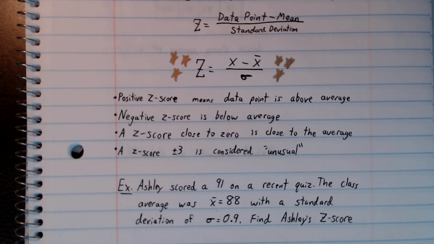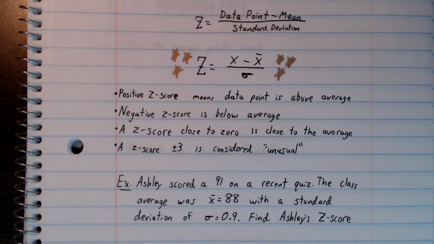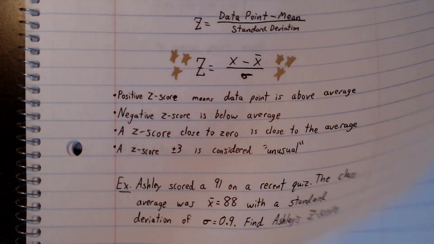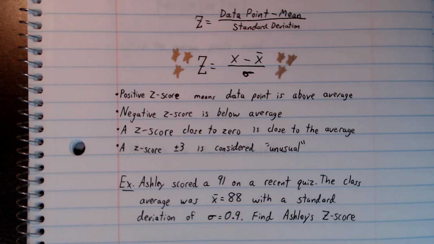Generally speaking, a positive z-score means the data point is above average. A negative z-score would be below average. Anything close to 0 is closest to the average, and then anything plus or minus 3 is considered unusual. Now, if you think back to the normal distribution curve that we saw, those worked with adding and subtracting a standard deviation to both sides.